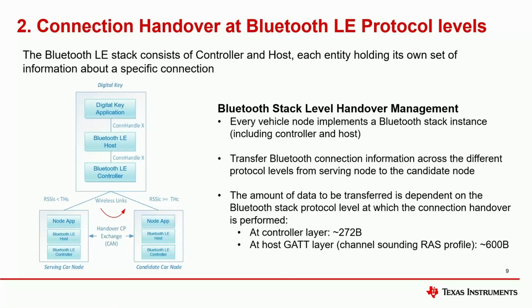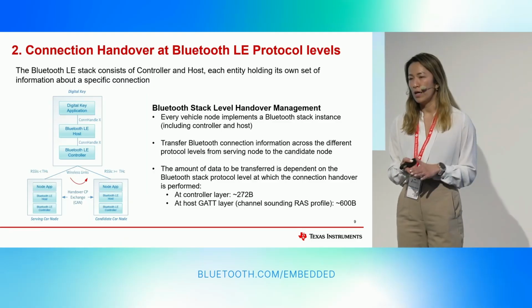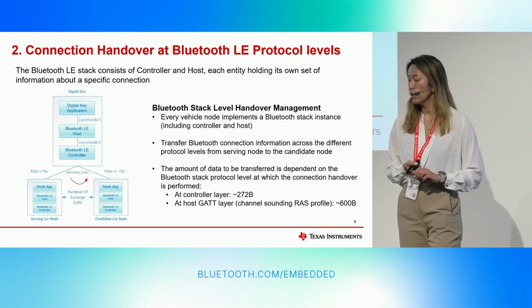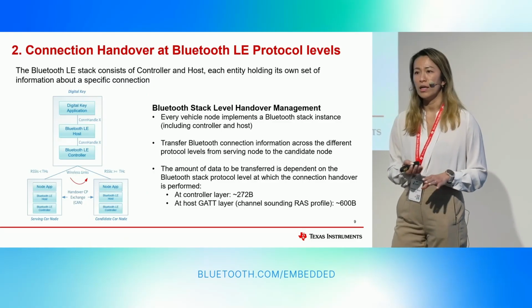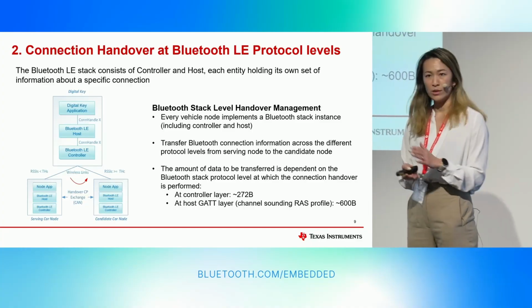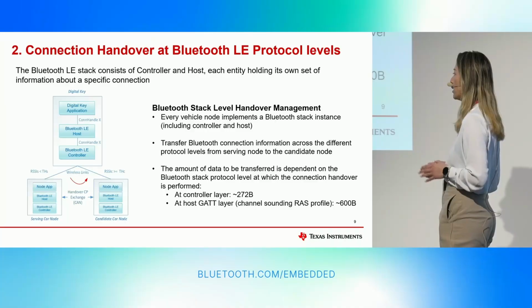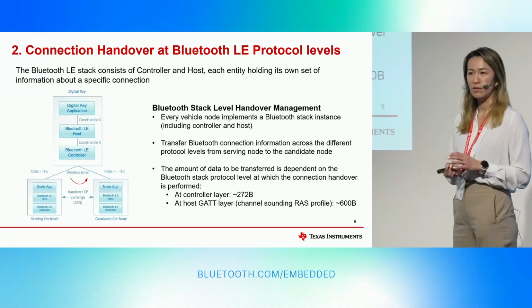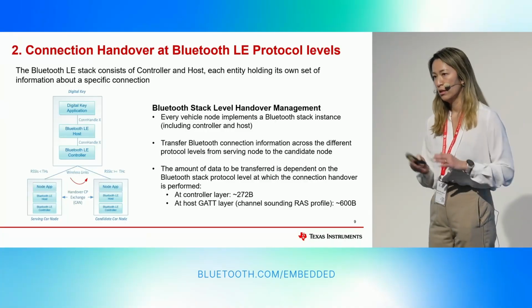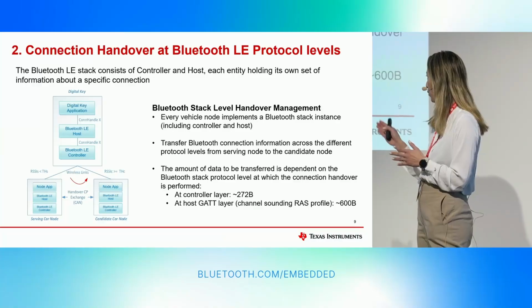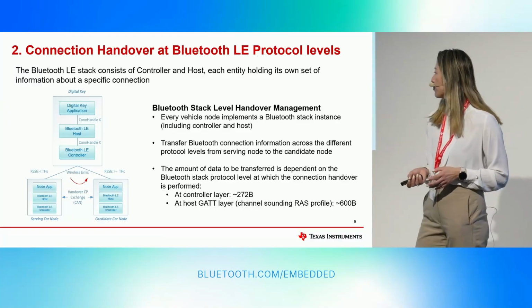And then the amount of data that we need to transfer is based on what protocol you want to do. For example, if there is no profile, there is no L2CAP CoC, then at the controller layer, the needed amount of data, of course, we're talking about encryption as well. So at the controller layer, you will need to transfer 272 bytes from one device to the other device through your wired interface.